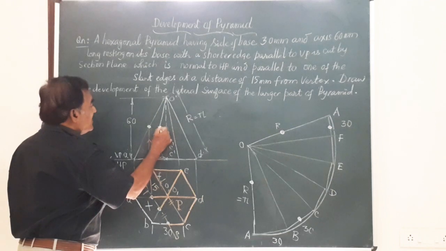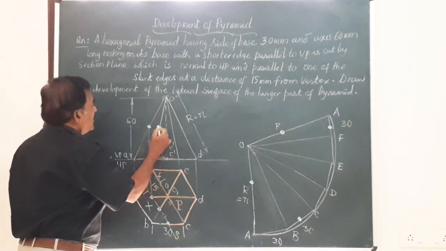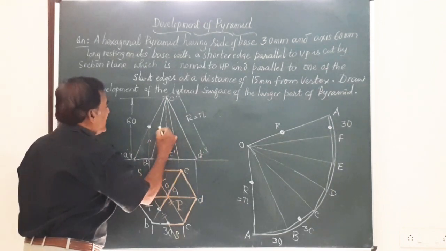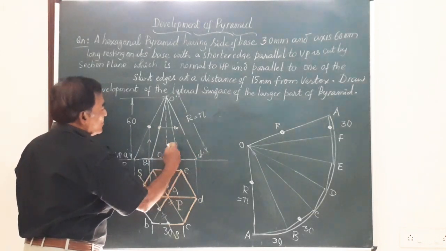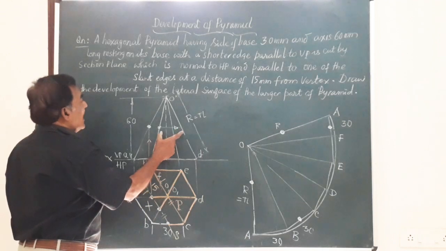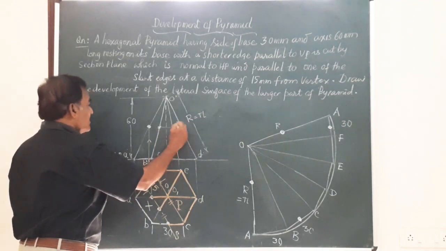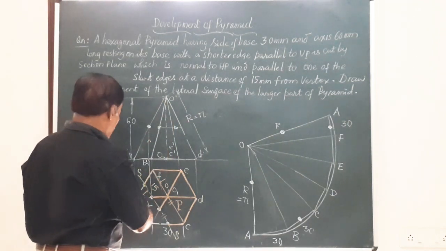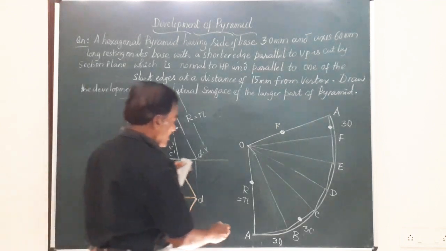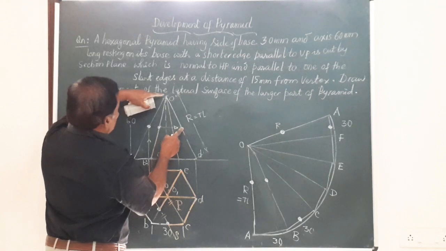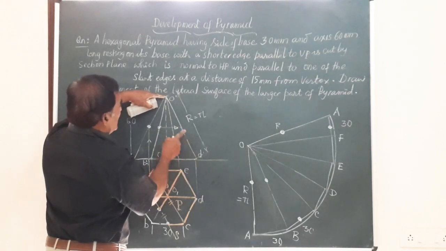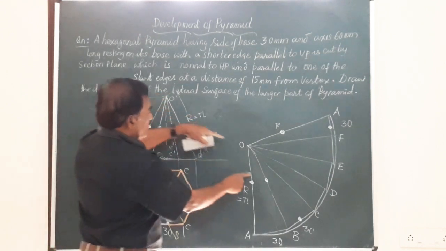Hence the point where the solid edge is cut is to be transferred to the true length line. Suppose say I am transferring here the true length line. And I take this measurement on OB. I have to take that line. OB means what? This distance. The distance measured on the true length line from O is to be marked here.